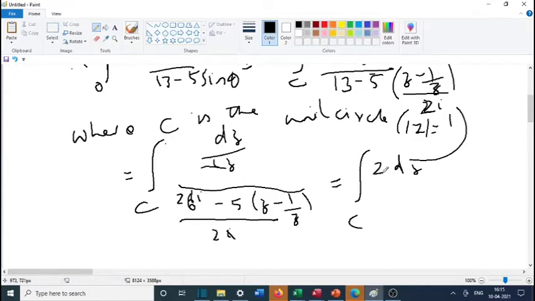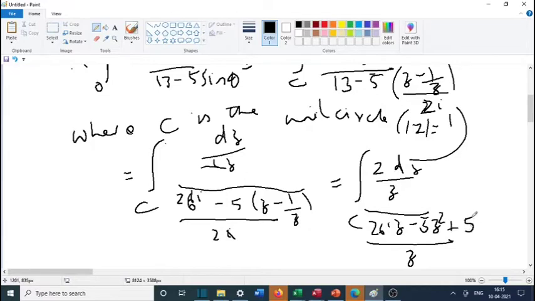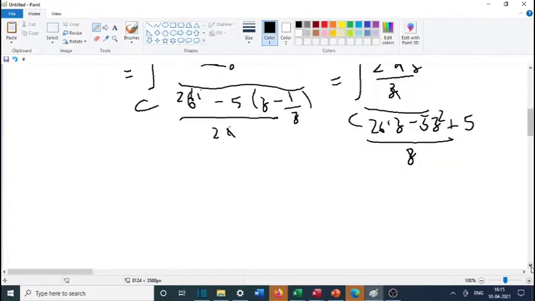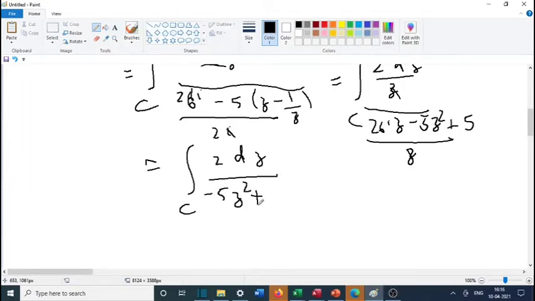So 2 dz by z, divided by 26iz minus 5 z square plus 5, since minus 5 into minus 1 is plus 5. Now this z cancels. So the integral is over 2 dz by minus 5 z square plus 26iz plus 5.